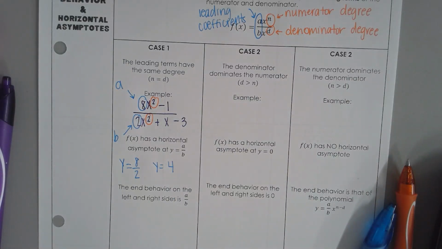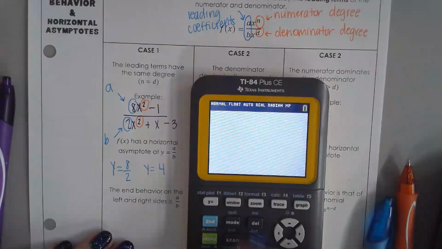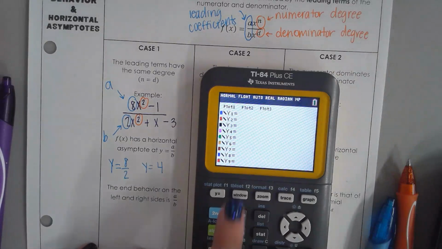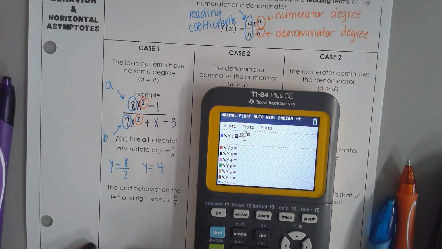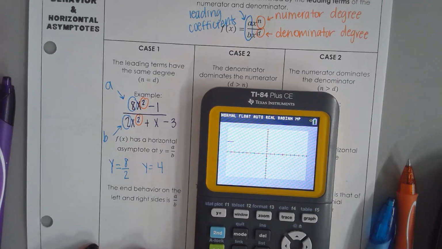So I just made up this example, so I don't know how good it's going to look in the graph, but let's see. 8x squared minus 1, 2x squared plus x minus 3. Let's see if it gives us anything.